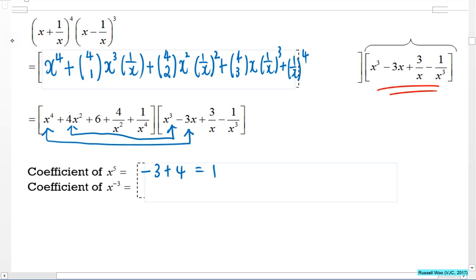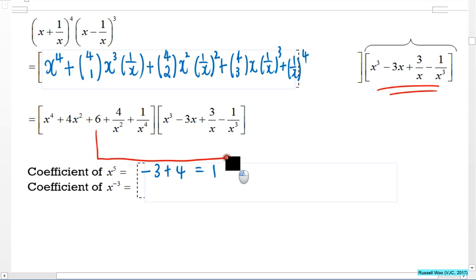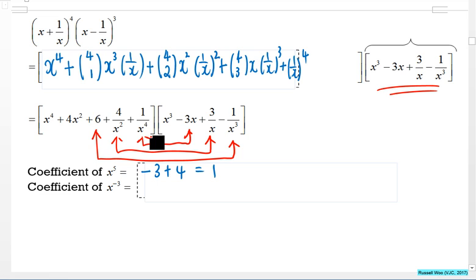x to the power of minus 3. I'm going to erase this; don't want to mess up my diagram. x to the power of minus 3: you can have this times this, this times this, and this times this. There are 3. Do you follow? 6 times 1 over x cubed.